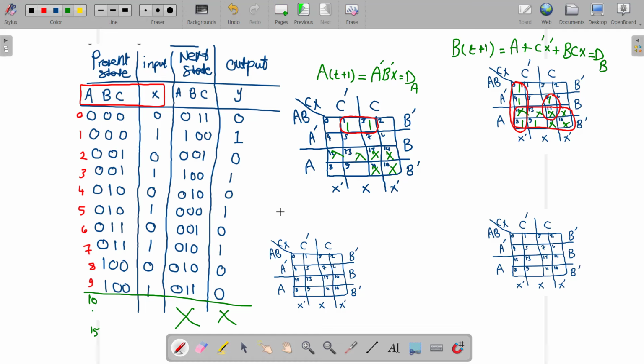Okay, let's talk about the C(t+1). For the C(t+1), again, you can see that we have 0, 1, and also 6 as 1, and 9 as 1. So the rest is equal to don't care. So we write 1 here, and 2 as 1, 6 as 1, and 9 as 1. So the rest is don't care.